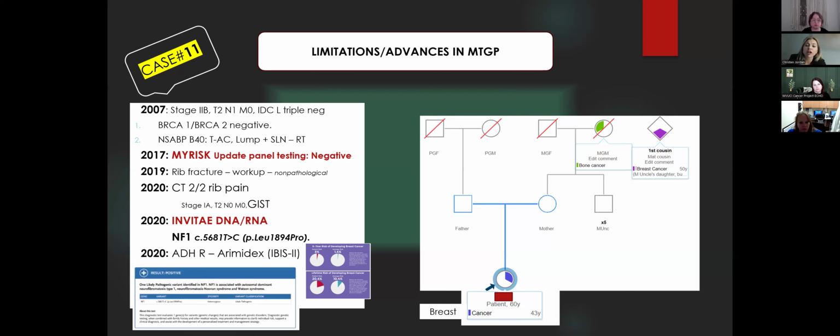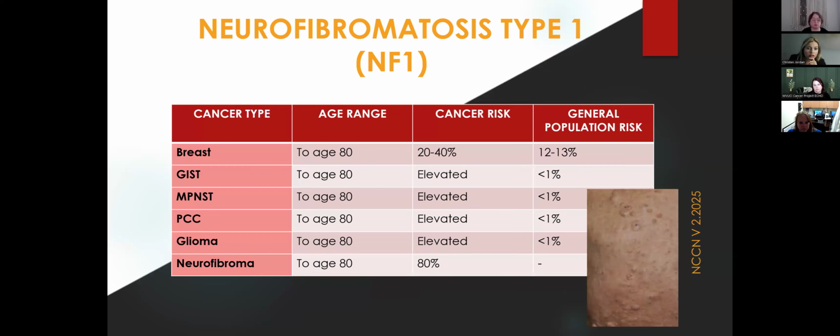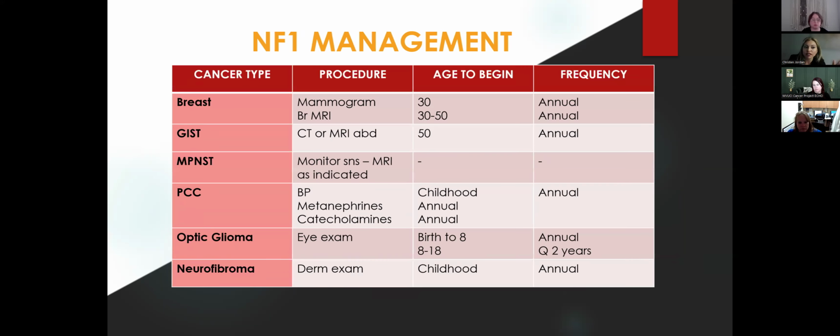So we continued MRI in her, although most people will stop MRI at the age of 50 for increased surveillance if they have NF1, because most people will be diagnosed before age 50. So we talked about breast cancer being elevated with NF1, as well as malignant peripheral nerve sheath tumors, pheochromocytomas, gliomas, and of course NF of the skin.